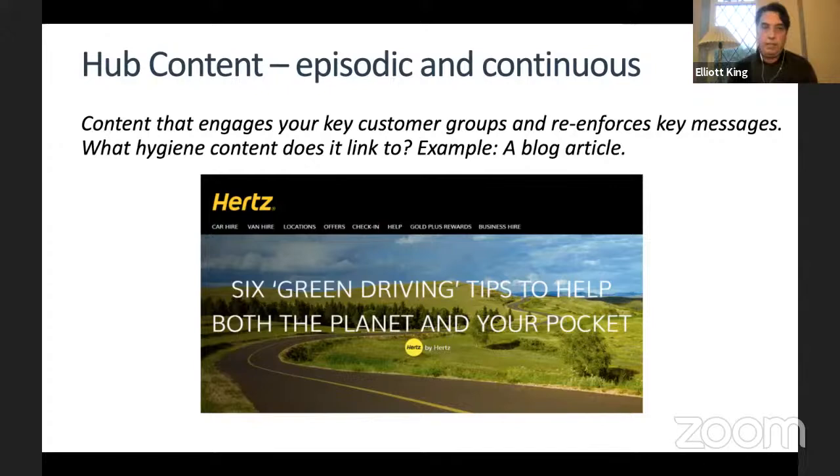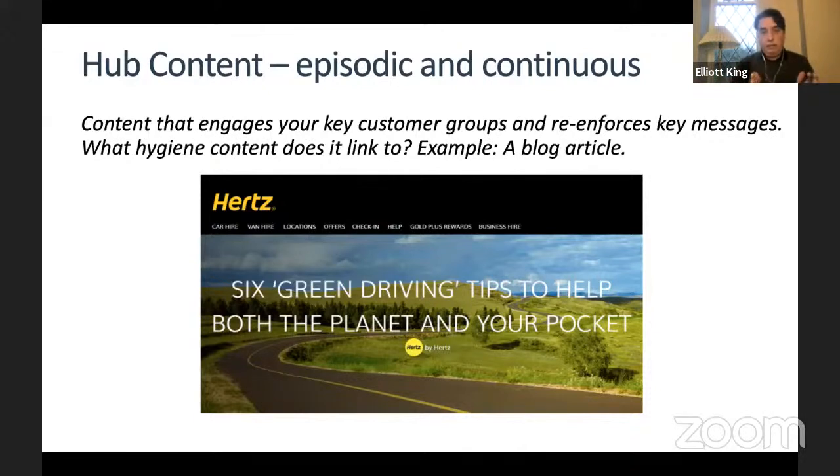So there will be a subset of Hertz customers that really want to be driving in a green friendly manner. So a certain amount of their content is going to be dedicated to that particular audience. And in this case, there's a blog article talking about tips to help you drive in a more environmentally friendly manner.